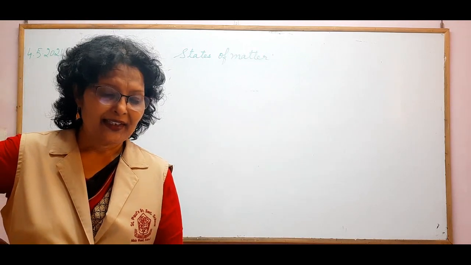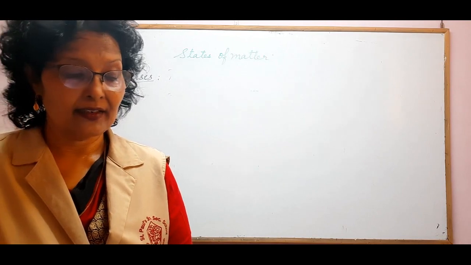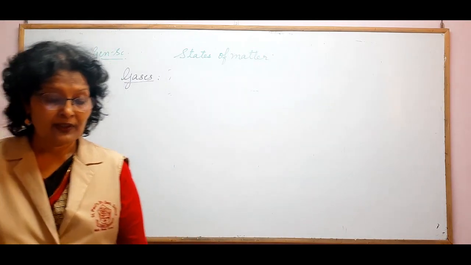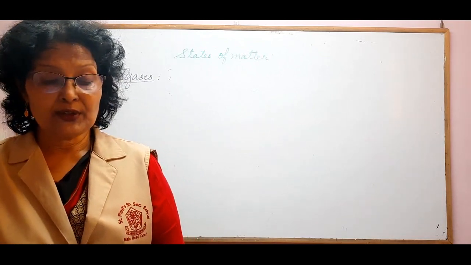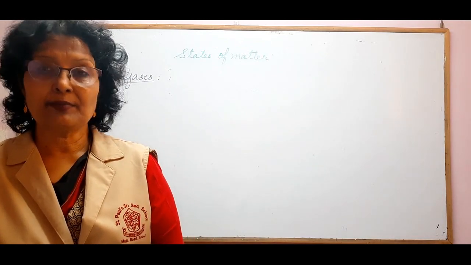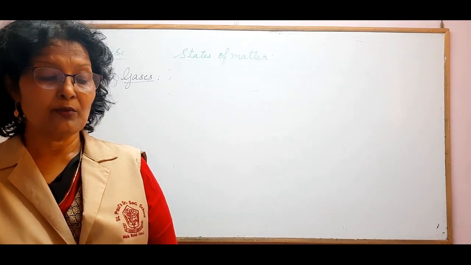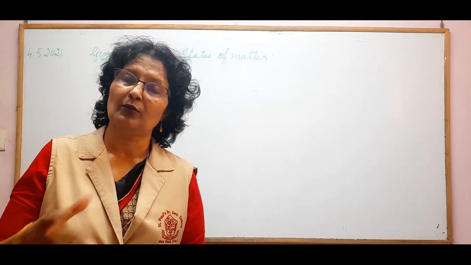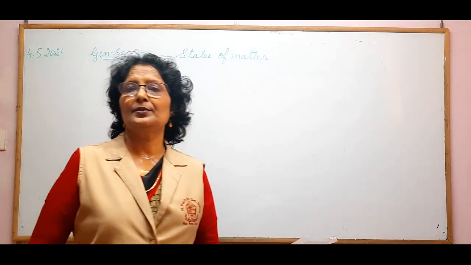We can say that the molecules are loosely held. There is large intermolecular space in liquid. The force of attraction between molecules is small, and motion, which means movement of molecules, is possible in liquid, and in gas also it is possible.